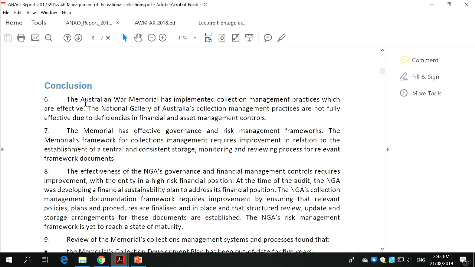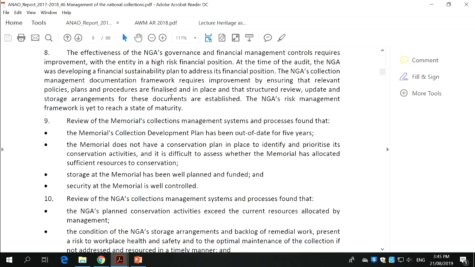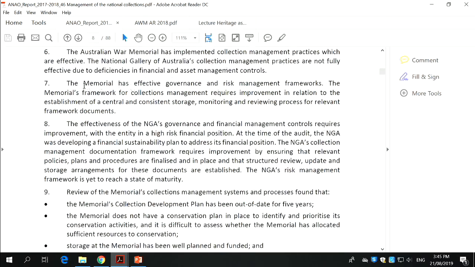Maybe we just look at the War Memorial. It has an effective governance and risk management framework, but its collection management requires improvement in establishing a central and consistent storage, monitoring and review process.